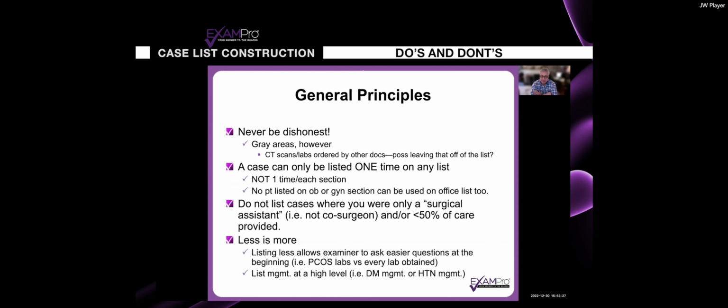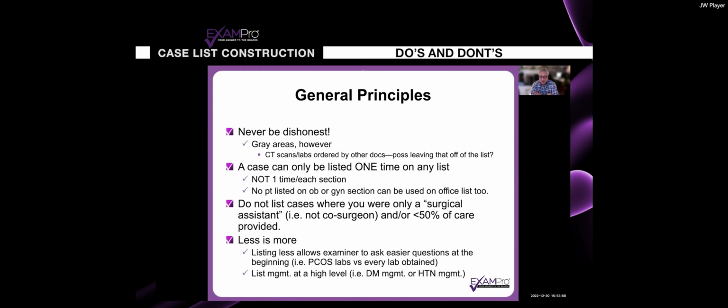Now, diabetic management even could include things such as increased antenatal surveillance later in pregnancy. It could include growth scans, or you may choose to list those separately, like growth scans and increased antenatal surveillance. But I would definitely not mention the ophthalmology consult, EKG if you got one, and the second trimester fetal echo. Again, unless there's a problem with it. If the fetal echo showed a cardiac anomaly, by all means, I would list it.